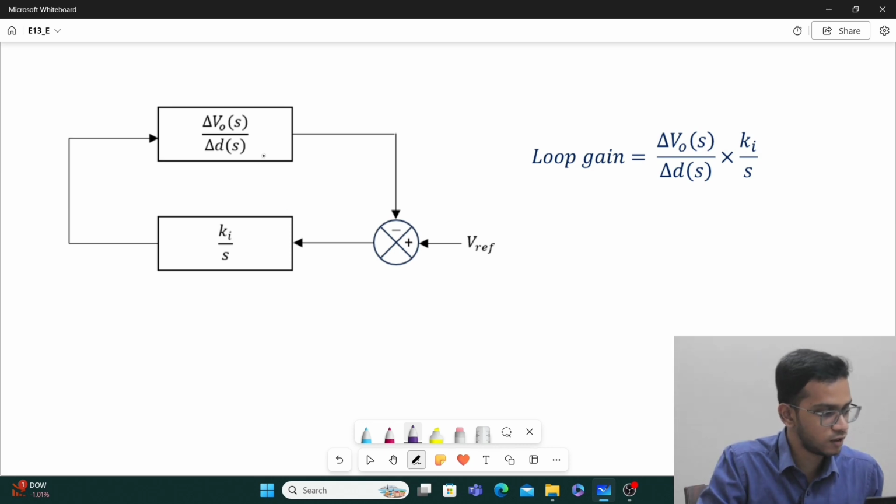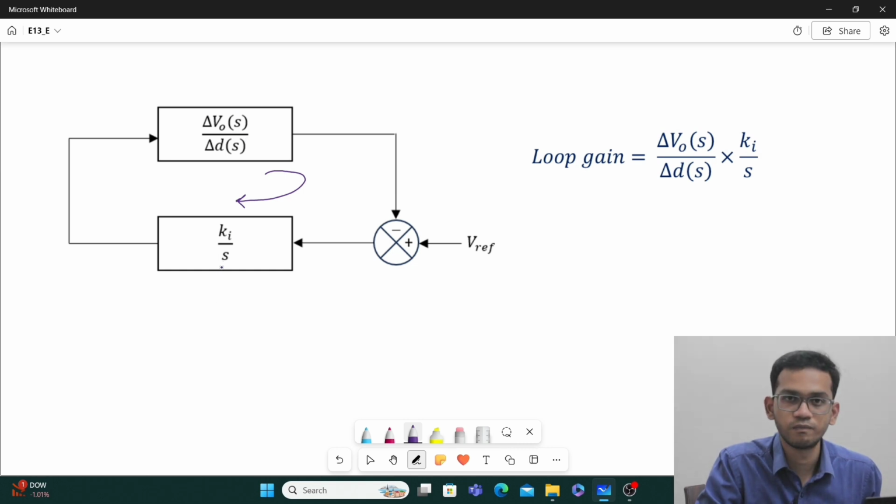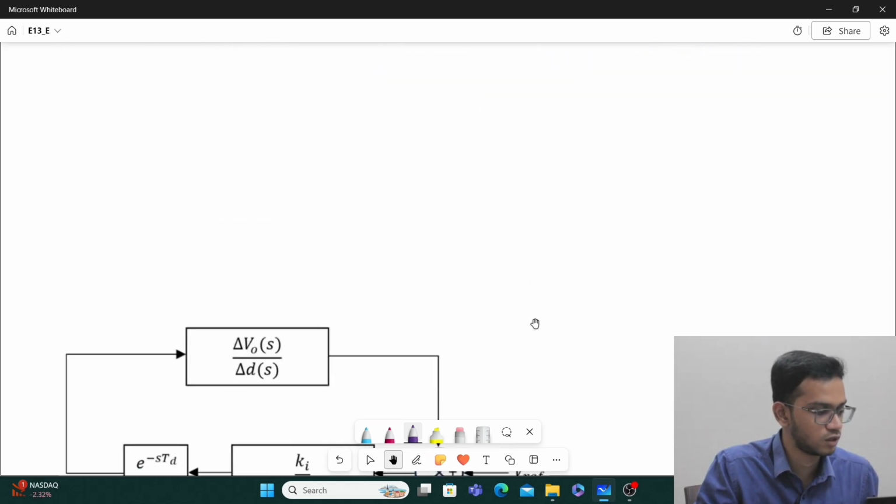So the loop gain under such a scenario is nothing but the product of this block and this block. This is the transfer function of the buck converter, that is, the output to control variable transfer function, multiplied by the transfer function of the controller.